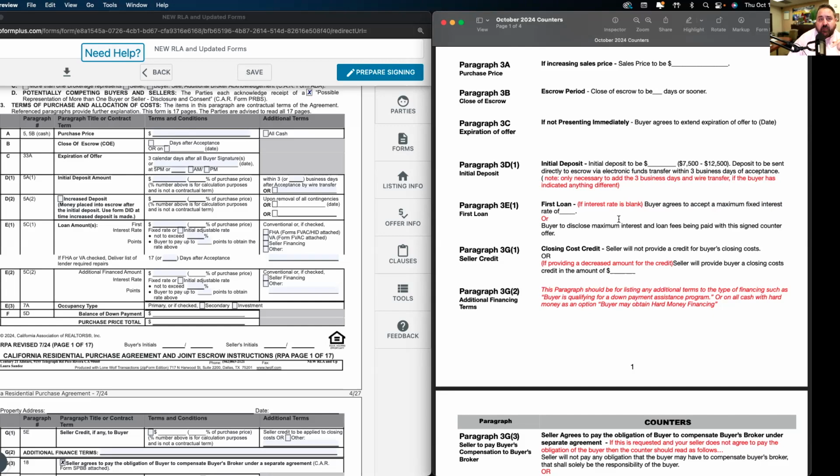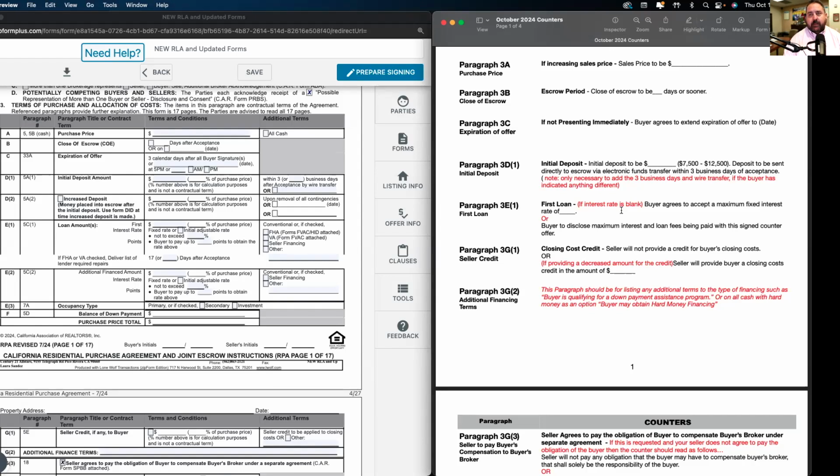One thing I didn't include in these counters is having them get cross-qualified with your lender, which is always a good idea to do. You could add that counter in, and maybe after this class I'll add it to the counters. But if you're going to say that the buyer must cross-qualify with the seller's preferred lender, don't just leave it there.